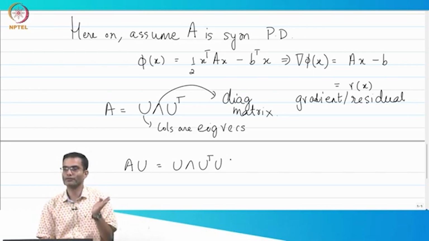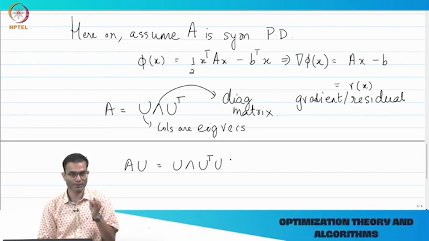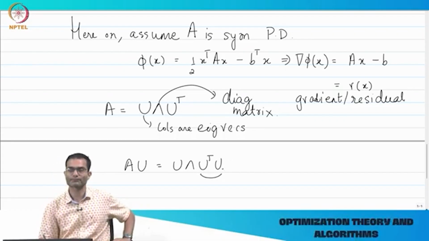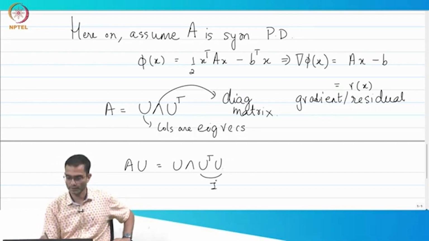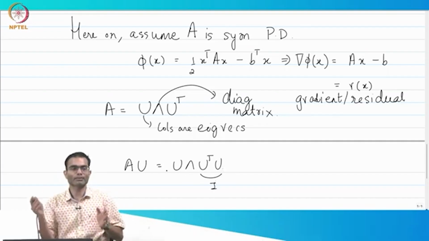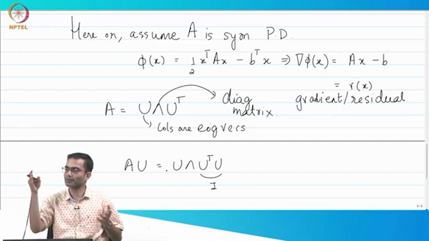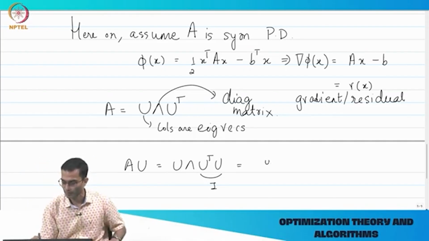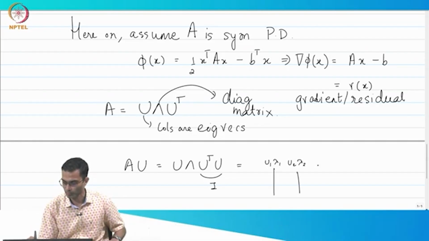This is a property of positive definite matrices that the eigenvectors are orthogonal to each other, right? And in fact, you can orthonormalize them also. So this becomes what? Identity. Now U right multiplied by a diagonal matrix, what will happen? The lambdas will multiply each of the columns, right? So this will become like u1 lambda 1, u2 lambda 2, dot dot dot.